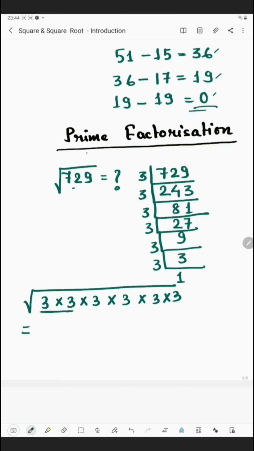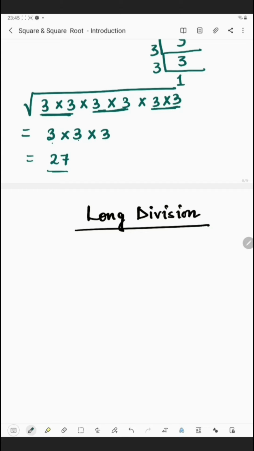From this pair we will take 3, from this pair again we will take 3, and from this pair we'll take 3. Now here we have got 3 multiplied by 3 multiplied by 3, which is 27. So the square root of 729 will be 27.